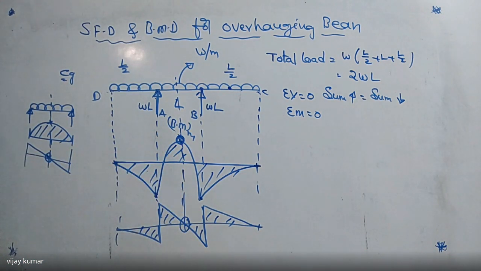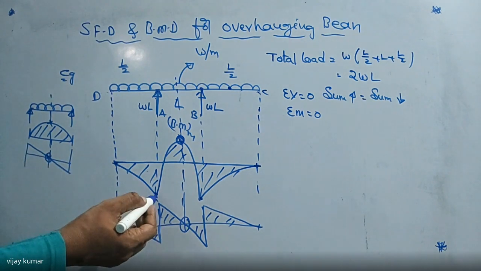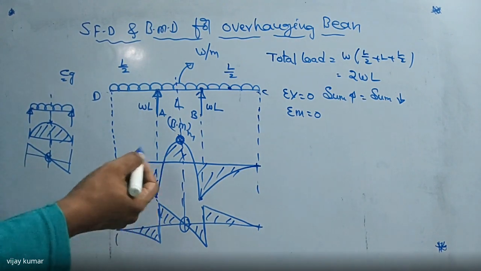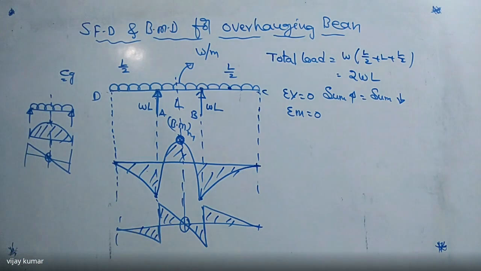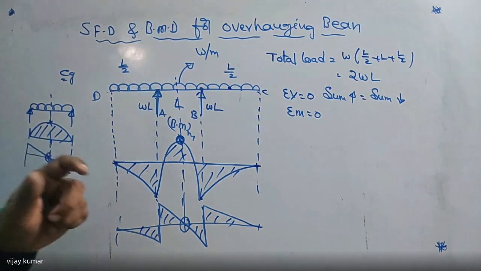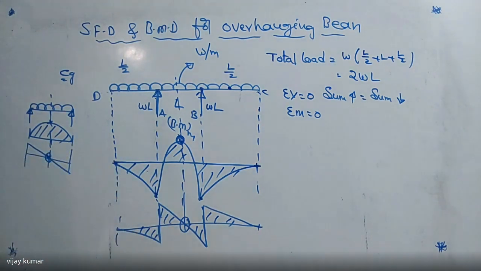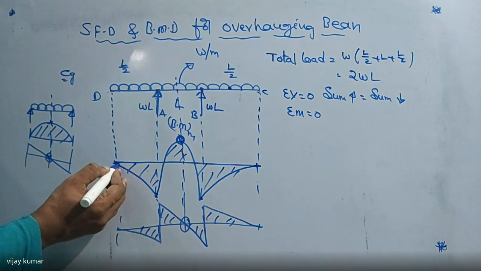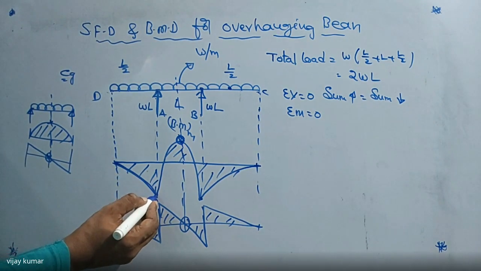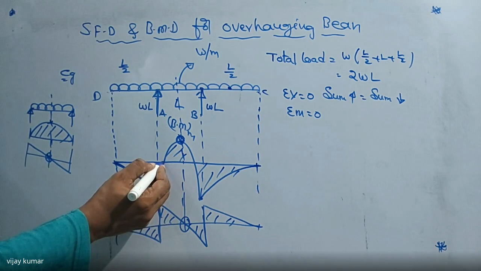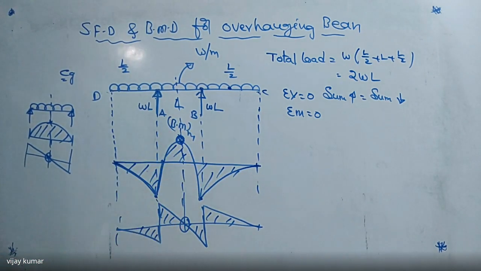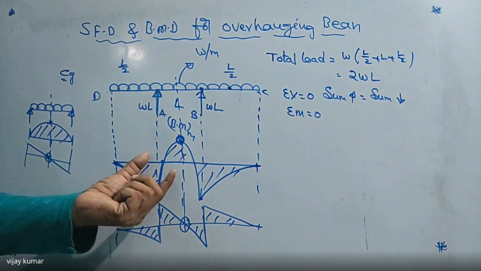But here we have to remember one point: where the bending moment changes its sign between the supports. Here it is 0, it goes to negative, negative, and it comes to 0. After that, it will change in the positive direction, changing its sign convention.